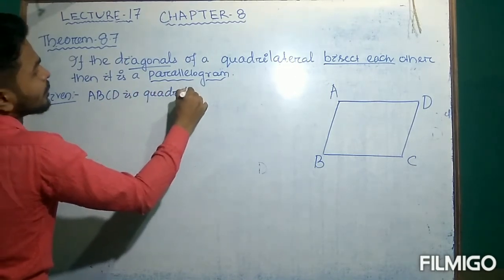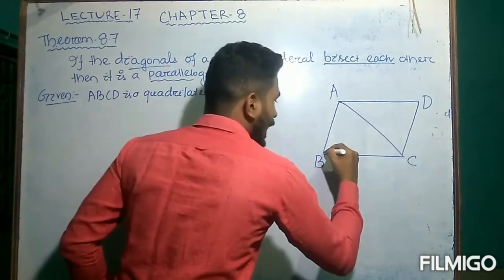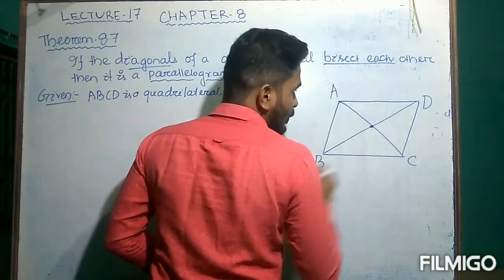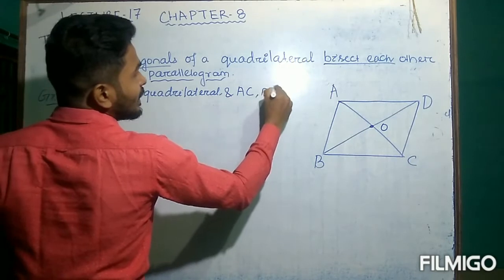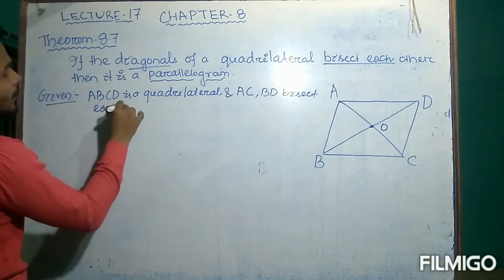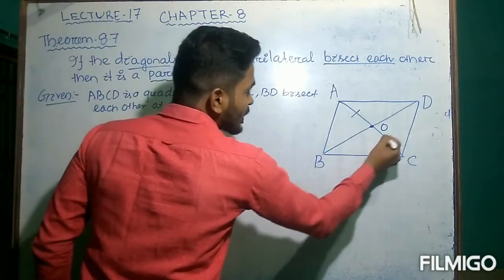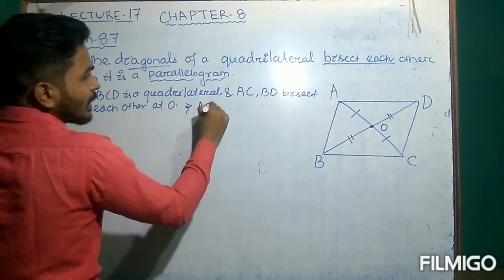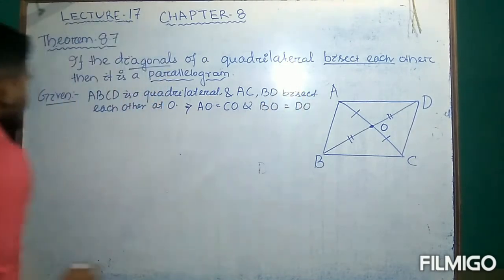Then it is given AC and BD are two diagonals who bisect each other at O. It means AO is equal to CO and BO is equal to DO. So this data is given.